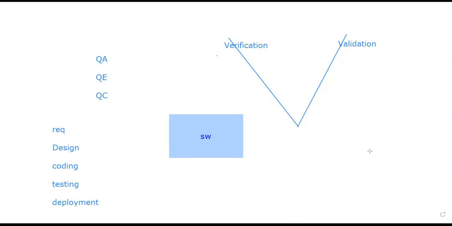Again, there are two types of testers. One is manual testing and the other is automation testing.